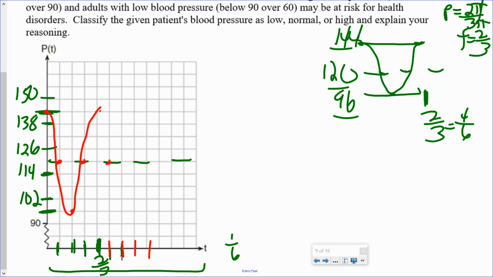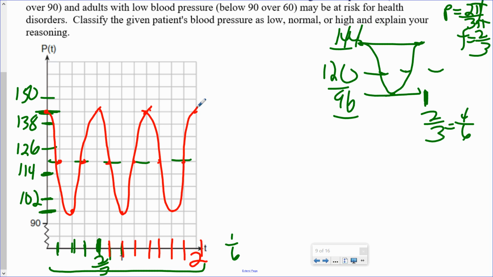Midline, min, midline, max. I'm still not at 2 yet, so I'm going to do 1, 2, 3, 4 more. Max, midline, min, midline, max. And that's it.